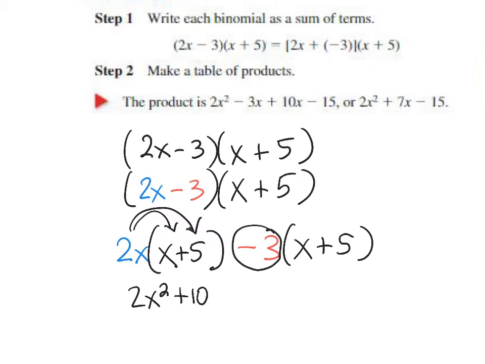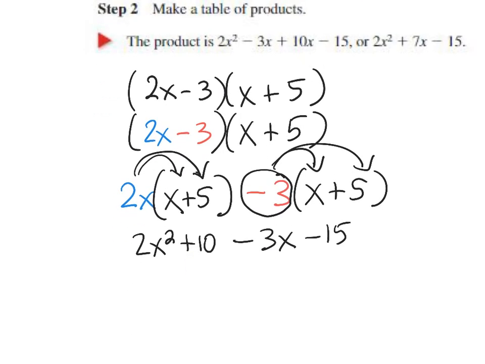Negative 3, remember to capture the sign, times x is minus 3x, and times 5 is minus 15. Now they're all the same color at this point because I have done that double distributive property. Now I'm looking for like terms like I have in the past. I don't see any except for the positive 10x and the negative 3x. So I will rewrite this as 2x squared plus 7x minus 15.